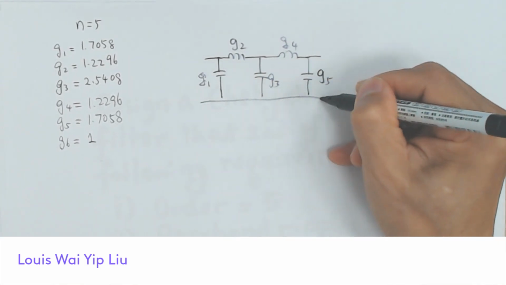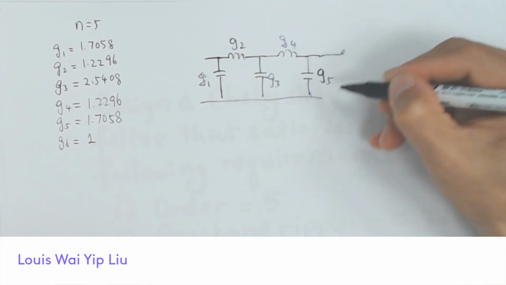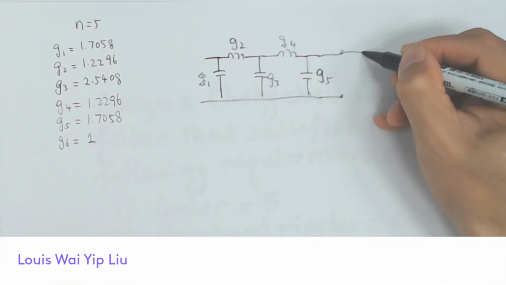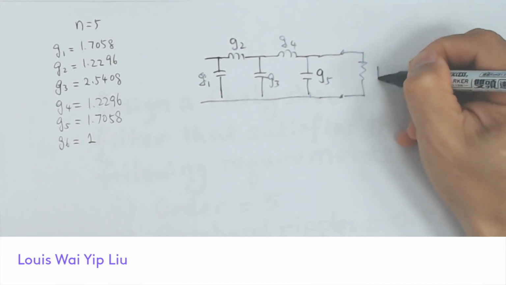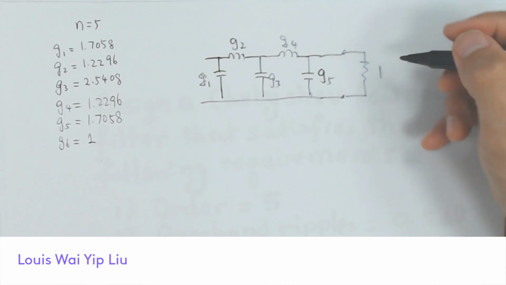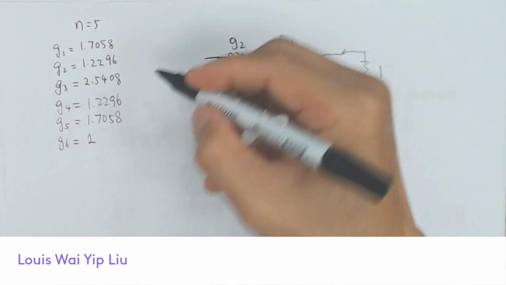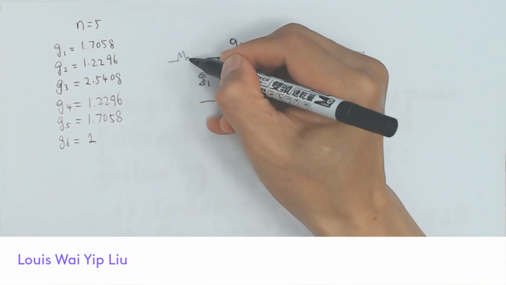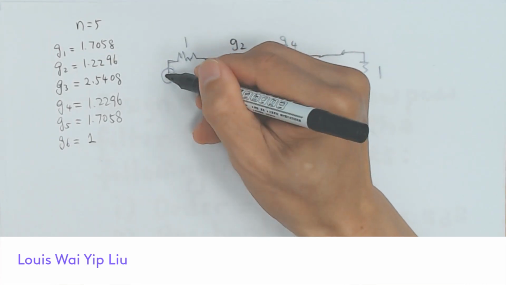So this is the schematic. And we are going to assume the reference impedance is 1 ohm first, and later we will scale it up. 1 ohm.